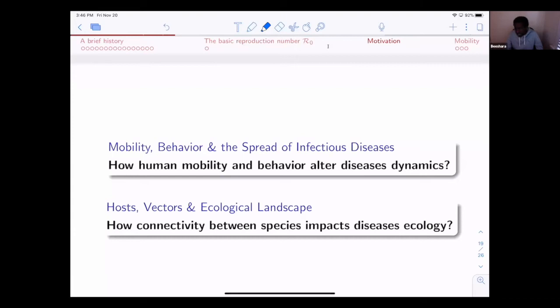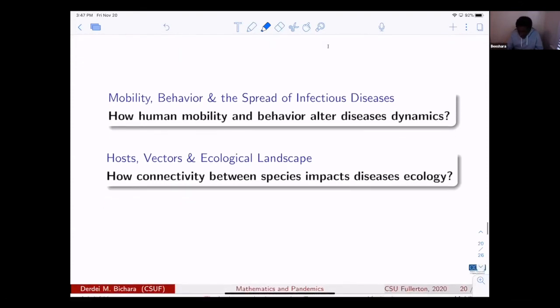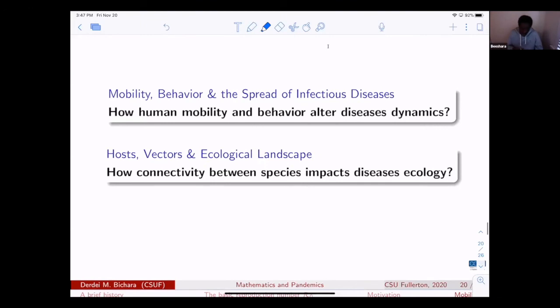And also, there are some cases for which we have some diseases that are shared with many species. So how we can reduce the connectivity between these different species to reduce the risk of spillover from one species to another. So these are some of the goals that epidemic models will typically address.